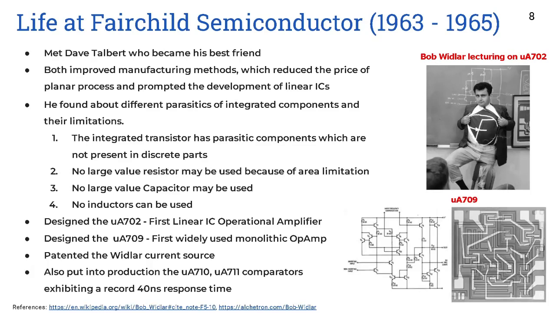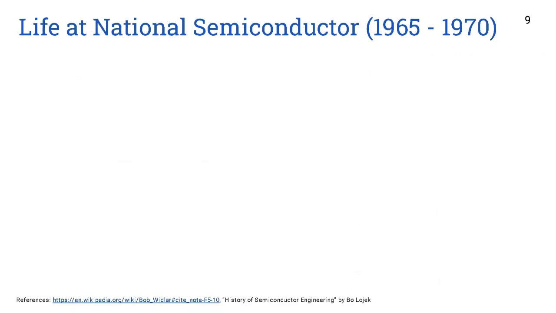So when Bob Widlar was leaving Fairchild Semiconductor, his boss asked what would keep him from leaving, and Bob Widlar replied that he wanted to get $1 million tax free by any which way he wanted. But they didn't pay him the money, so he quit Fairchild Semiconductor and joined National Semiconductor.